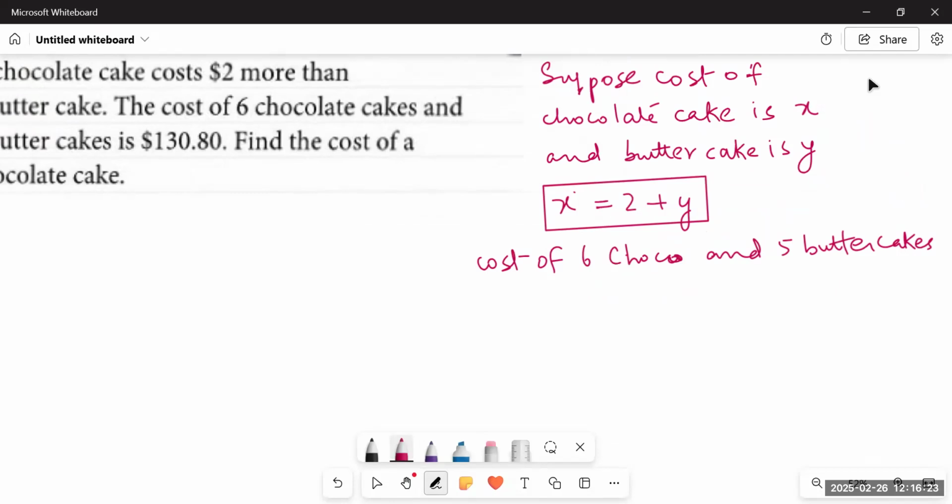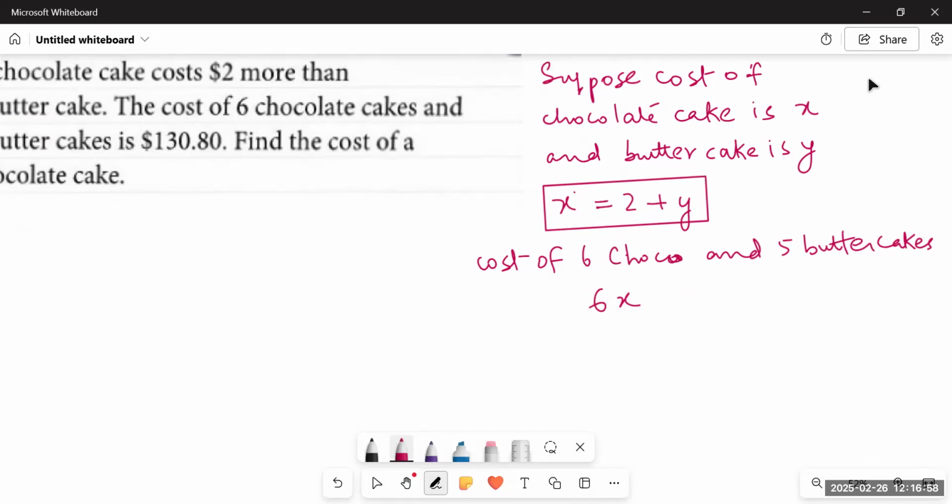We simply multiply the cost of one unit with that number of units. So if the cost of one chocolate cake is X, the cost of 6 chocolate cakes would be 6x. For any number of chocolate cupcakes, the total value would be that particular number multiplied by X. Whatever is the cost of one chocolate cupcake, we will multiply it by 6 to find the total cost.